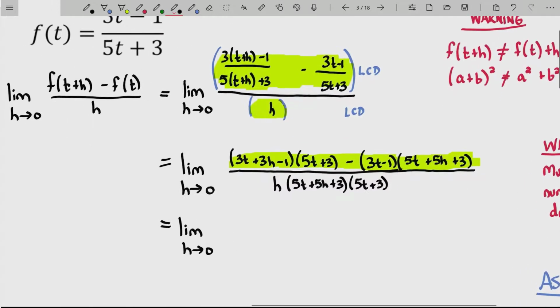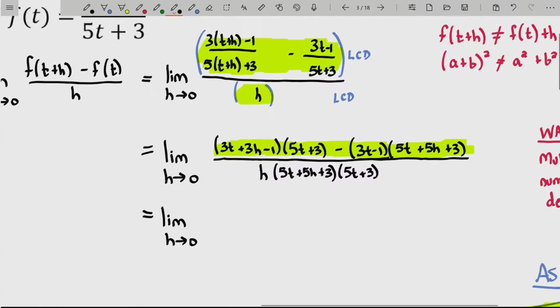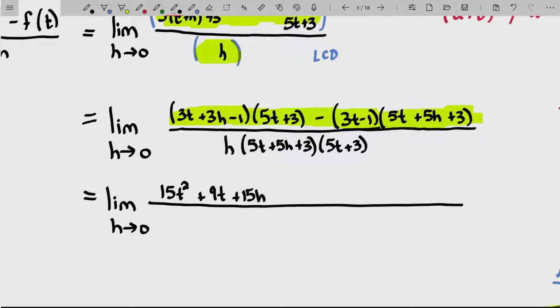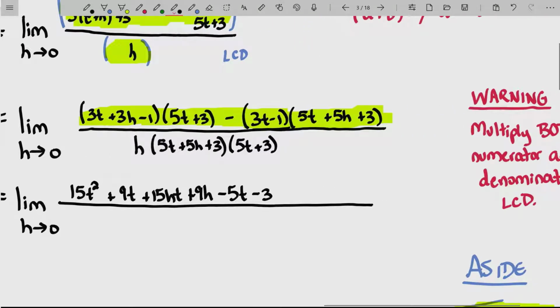Normally, it would not take even a quarter of this time, but I'm trying to give you highlights of mistakes I'll commonly see. Distributing through, I get 15t squared plus 9t plus 15ht plus 9h minus 5t and then minus 3. Next little set of warnings.